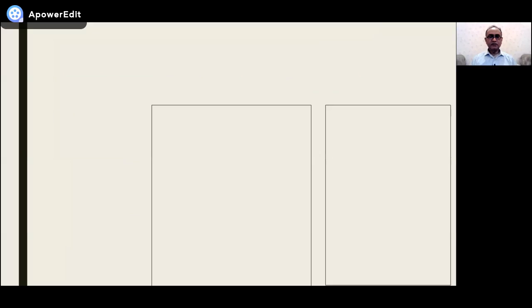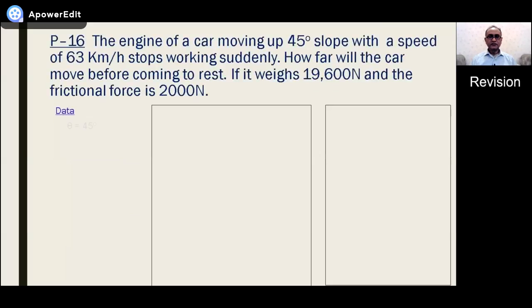Then we did another problem. The same car, the same speed, the same slope, but this time the frictional force is there. And the weight of the car is also given, right?